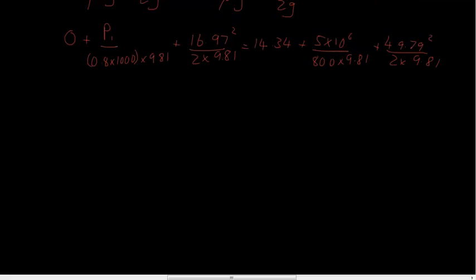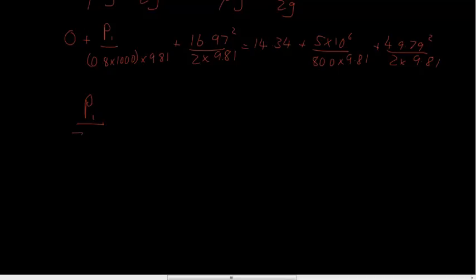Okay, so how I do this, I work out all the numbers rather than rearranging. I find that's easier when I'm teaching. So 800 times 9.81, with H1 at 0 we can forget about that.